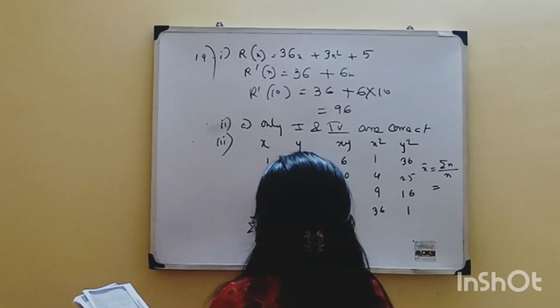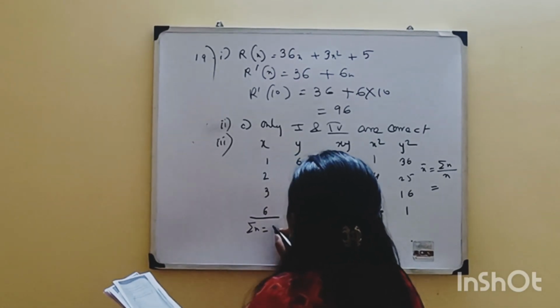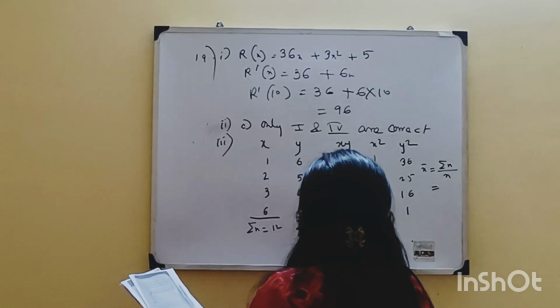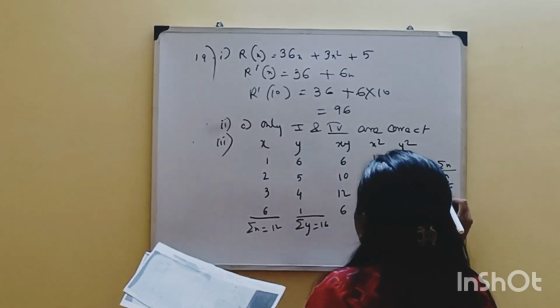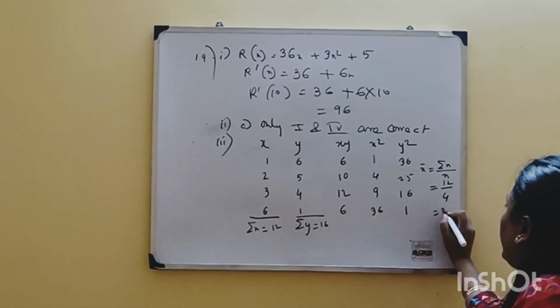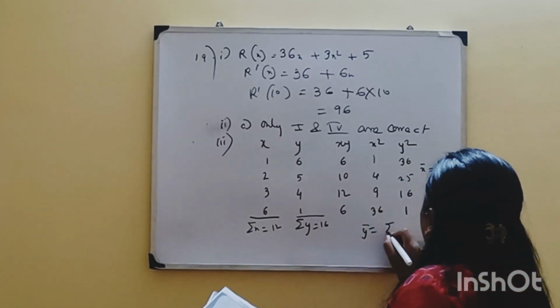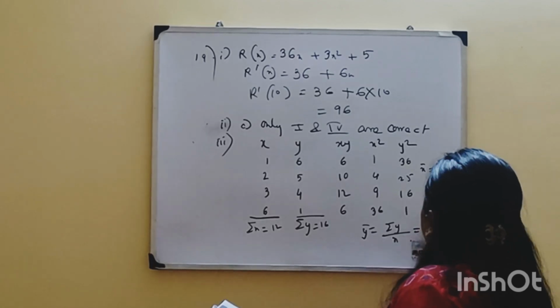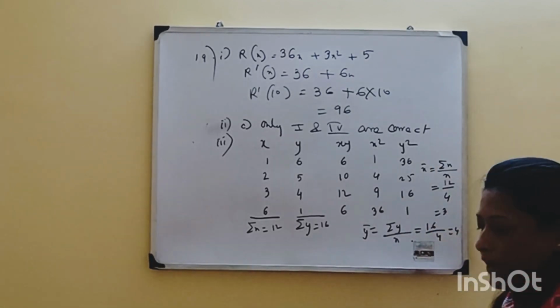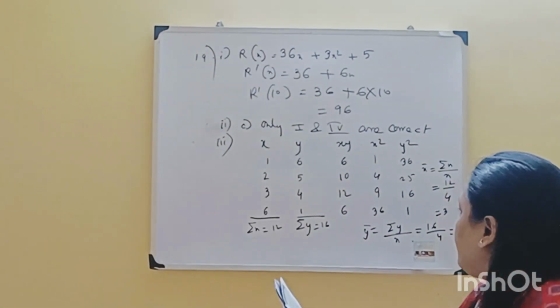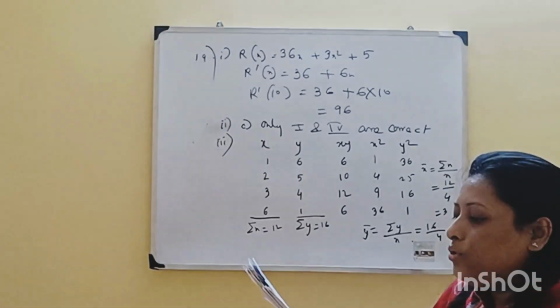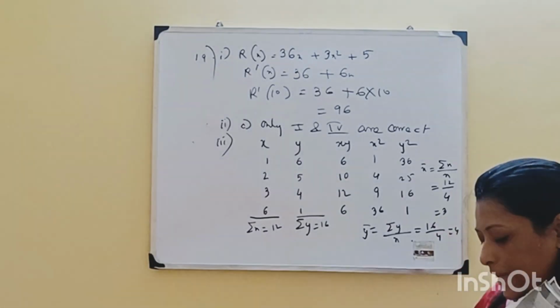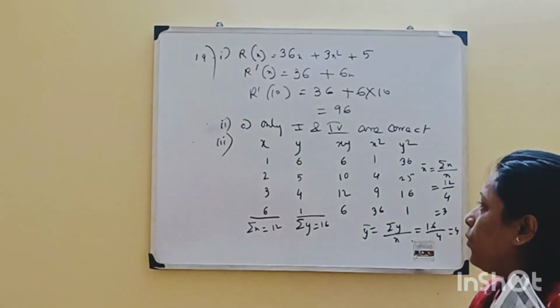Summation x equals 12, summation y equals 16. So 12 by how many terms? 4 terms, so it should be 3. And y bar equals summation y divided by n, so 16 by 4 equals 4. So x bar is 3, y bar is 4. Now we have to complete the table and calculate Bxy. All of you take the screenshot, then I will wipe this board.